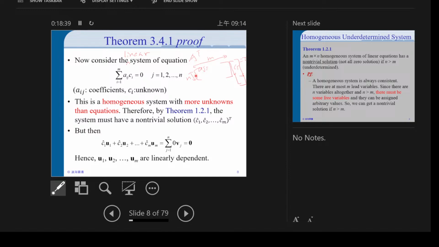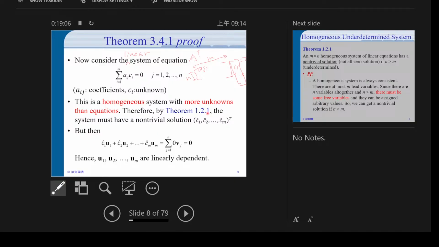Whether it's a_ij or a_ji here is not too important. What's important here is that we have more unknowns than equations. This is also a homogeneous system because every equation is equal to 0. So if you think of this set of equations as a linear system, it is a homogeneous system with more unknowns than equations.